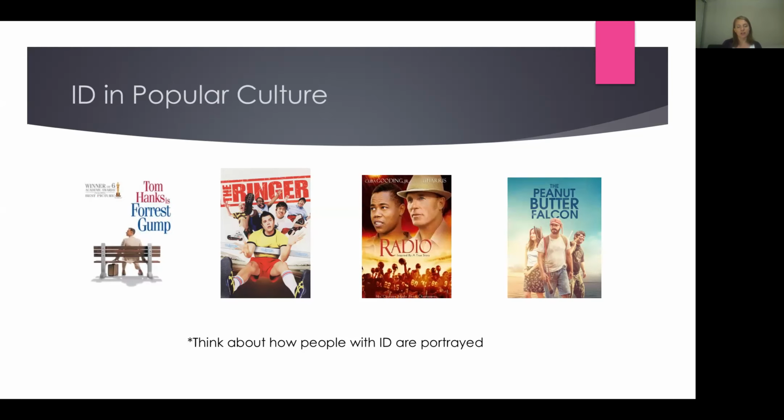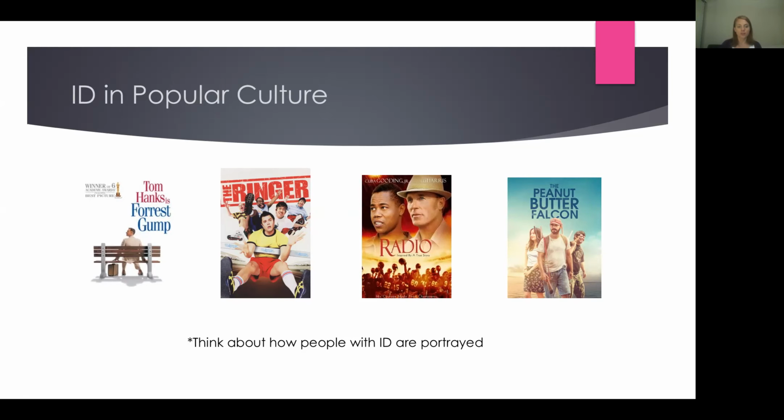And I thought it was interesting to consider how the portrayal of people with ID has changed over time. And it's still not perfect, but it's definitely a heck of a lot better than it used to be in most cases. So Peanut Butter Falcon actually got quite a bit of praise from the disability community because the actor who plays that character actually has a very similar profile of strengths and challenges in real life as the character does.